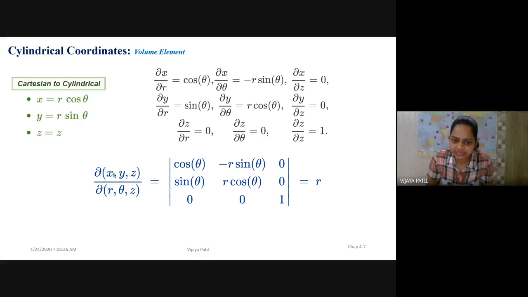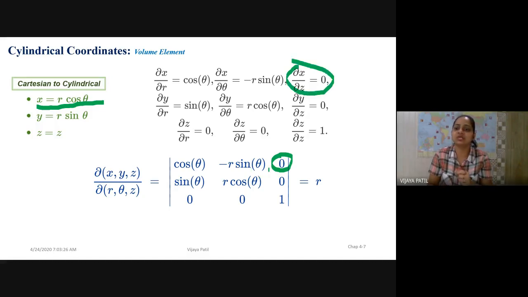If you observe this element, it denotes the partial of x with respect to z. In x, we have r and theta, and there is no z in it. Therefore, this partial of x with respect to z is 0.